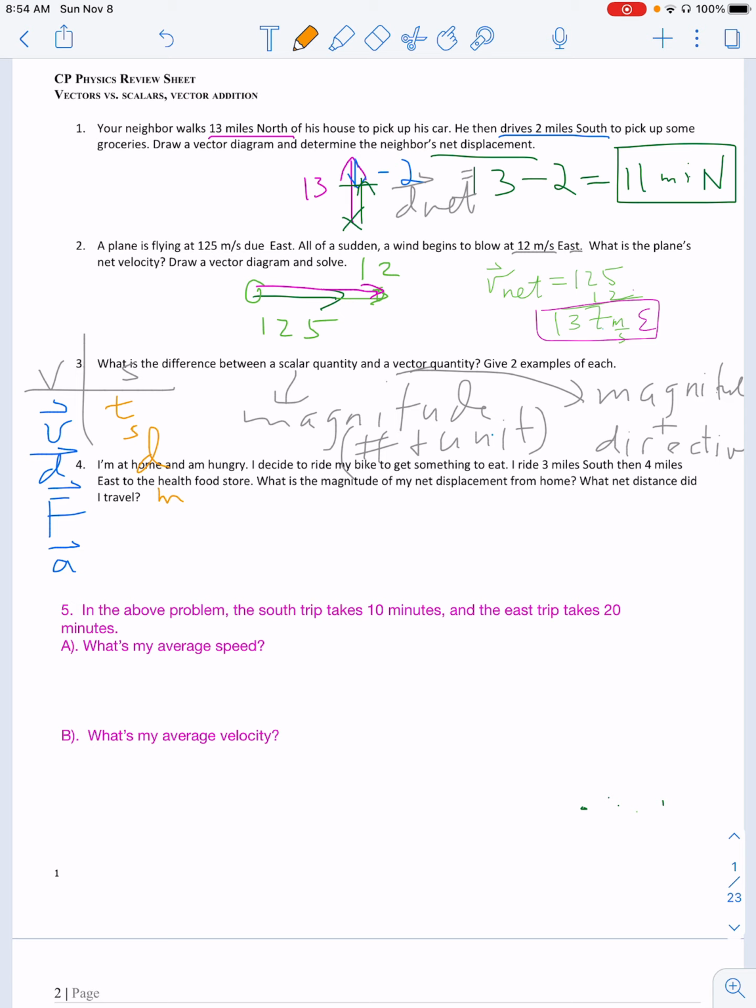Okay, you should know these. Any kind of force. Weight would be a vector. Tension would be a vector. Friction would be a vector. Net force would be a vector. Drag would be a vector. Thrust would be a vector. Whatever. Okay, so those are examples of vectors.